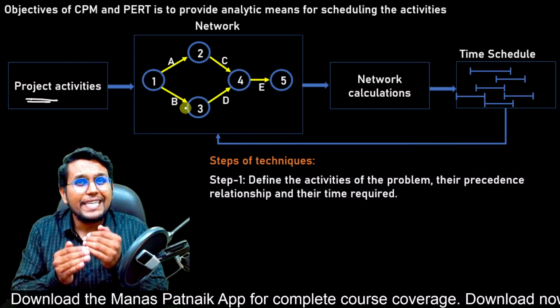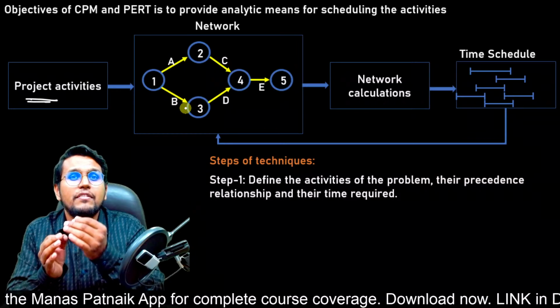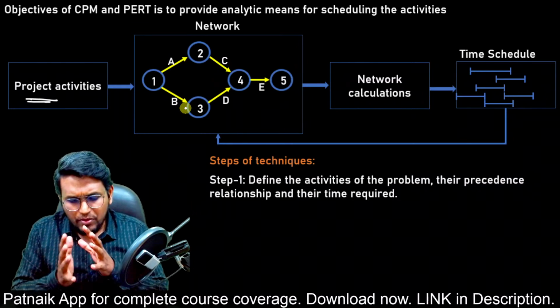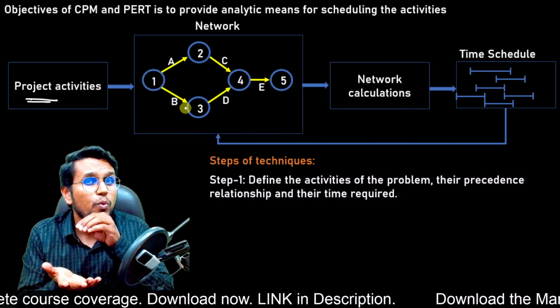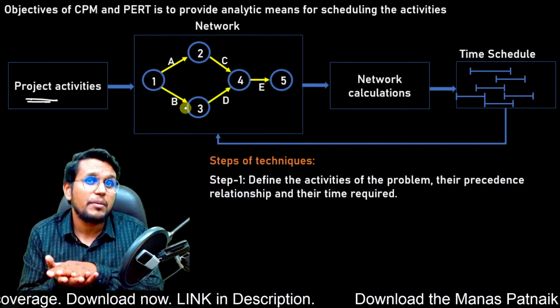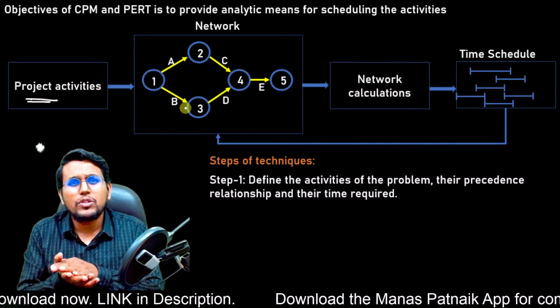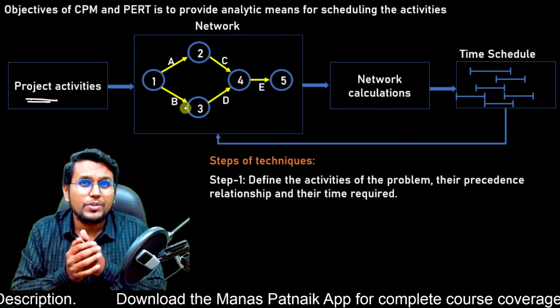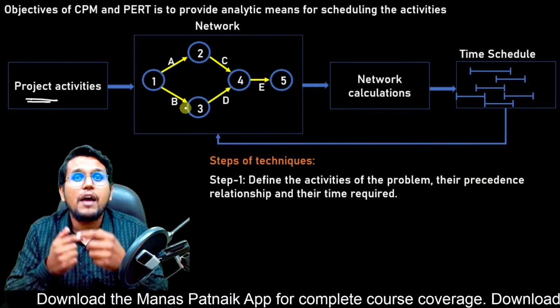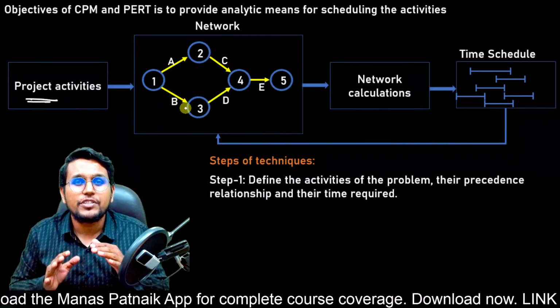Precedence means which activity is to be followed by which activity. Suppose when we talk about the construction of a house, there are some activities which can only start when another activity is completed. Suppose I want to put up walls around the house, that can only be done after we have a proper foundation.